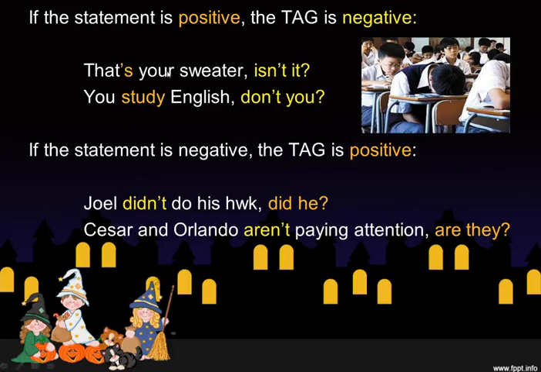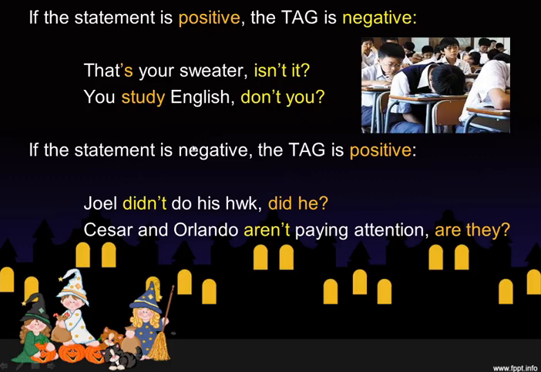That is your setup, isn't it? Here isn't is used, and just the negative of that, is not, is being used in the tag. You study English, don't you? Study is in present, so we used don't here.